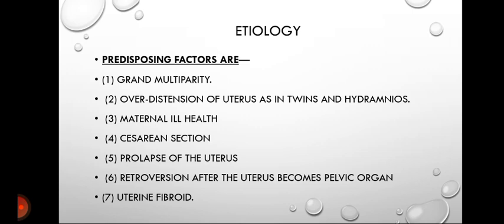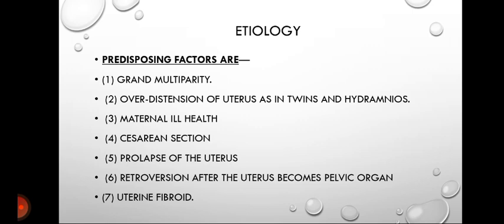Then overdistension, in cases such as multiple pregnancies and polyhydramnios, where the uterus is enlarged more than its normal capacity, the musculature is disturbed, and directly or indirectly it may cause subinvolution.